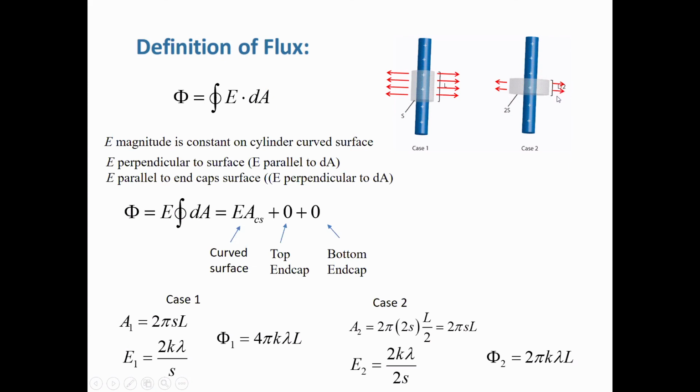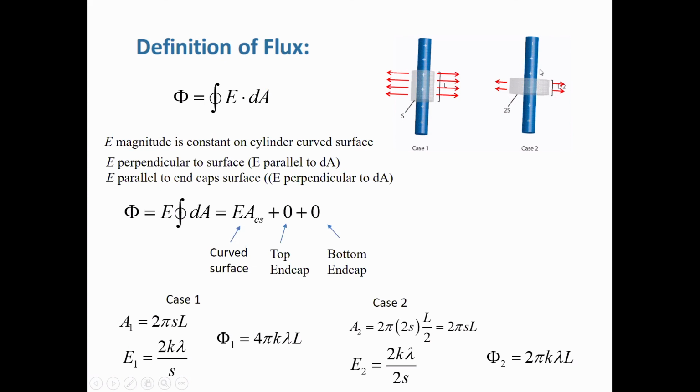The bigger circumference is a factor 2, but the length is a factor 2 less. The area is the same, but the electric field is smaller because we're twice the distance away. So the flux is, in this case, smaller.